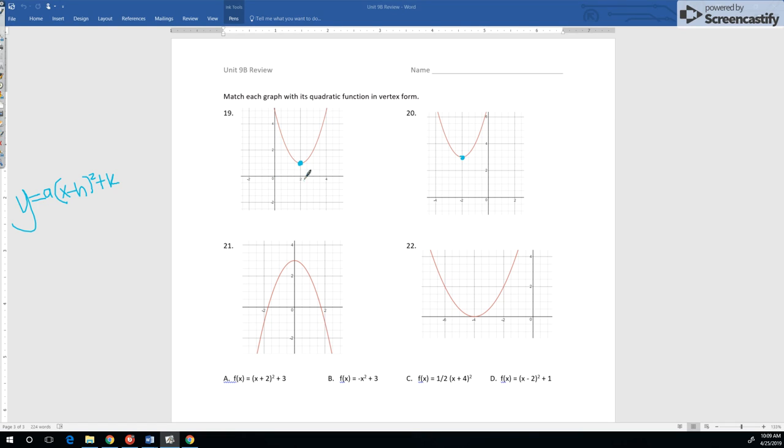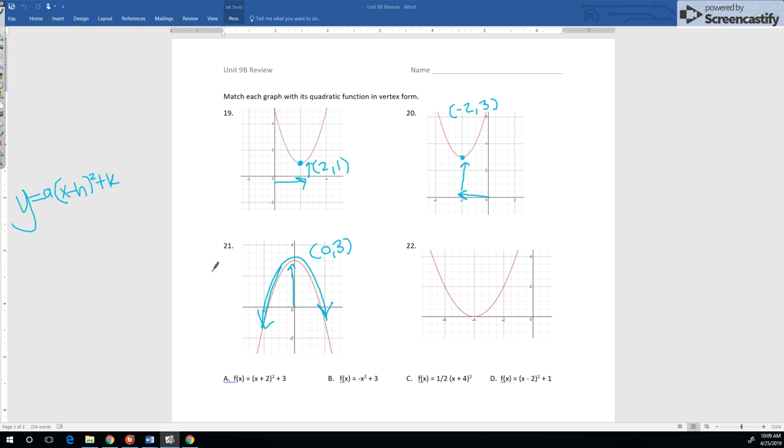So this vertex is 2, 1, meaning I went right 2, up 1. This one is -2, +3, meaning I went left 2 and up 3. This one's just up, so that's at 0, 3. But I do have it facing down parabola, so that's super easy. I'm just going to match that right away.